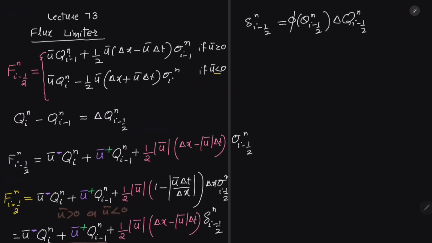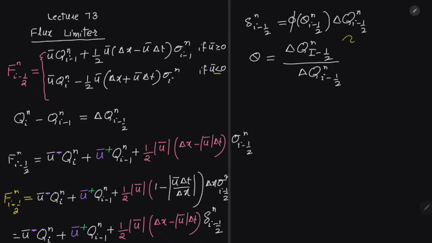So it means that we introduce this phi over here. And what is this theta? This becomes interesting. Some people call it r, for example phi of r. This theta will be equal to the change in Q_{I-1/2} divided by delta Q_{i-1/2}.